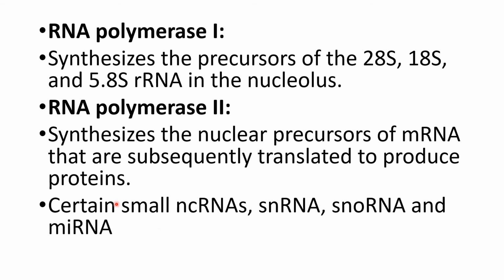The main function is to synthesize the precursor of messenger RNA. Messenger RNA is also synthesized in its precursor form. The nascent form is longer as compared to the functional form. After that, it undergoes post-transcriptional modification by which this precursor is converted into its functional form.